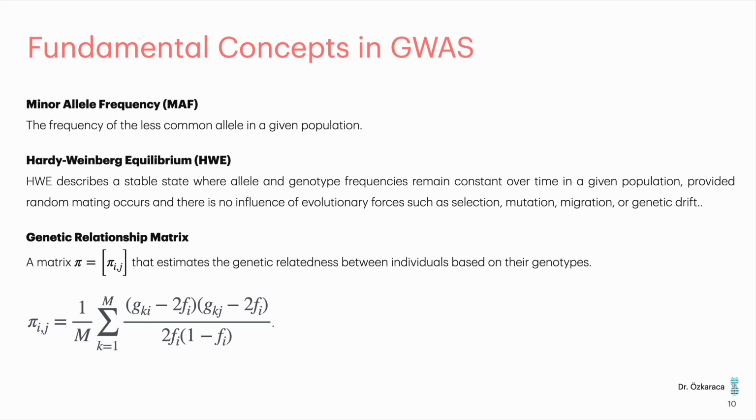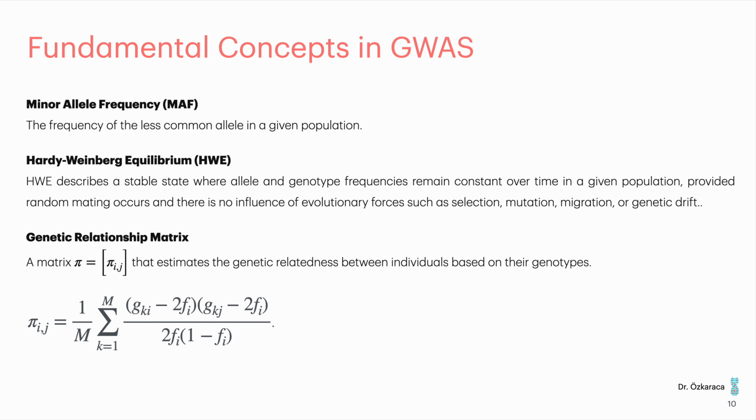Both minor allele frequency and HWE are critical for quality control steps in GWAS. We try to filter out genetic variants based on these two metrics, and only after that we run the genome-wide association studies.